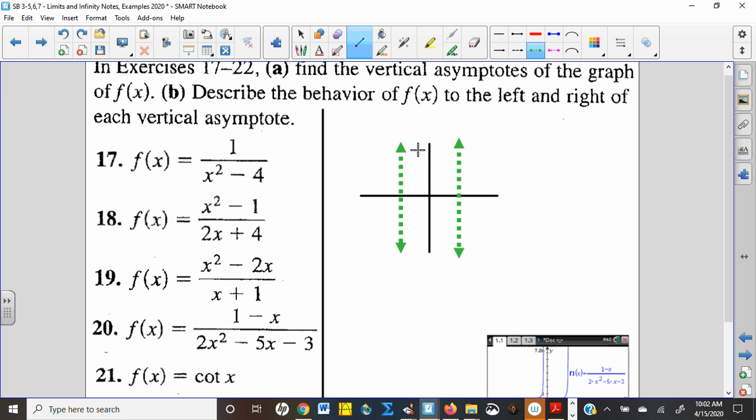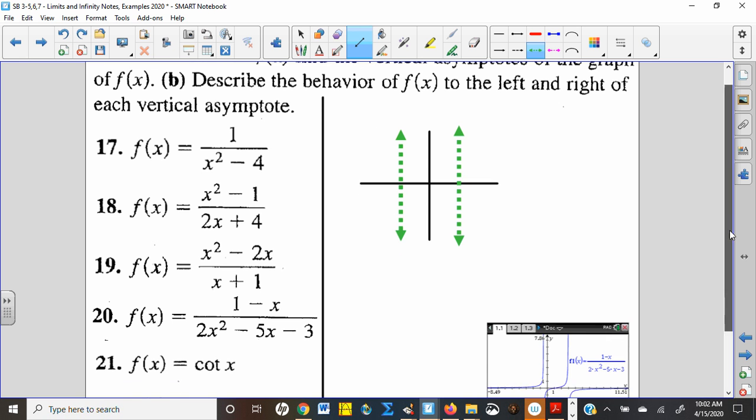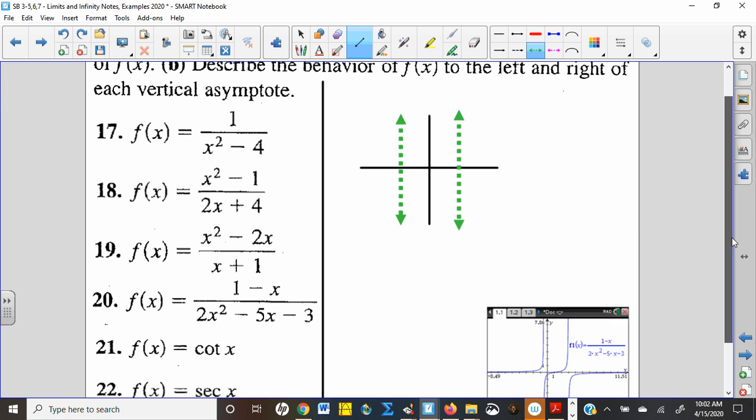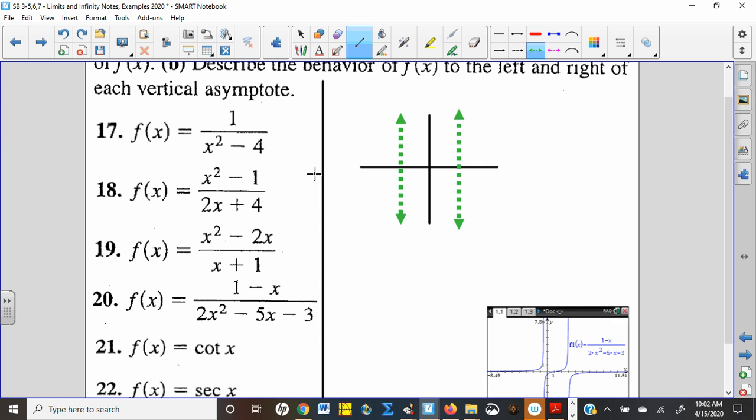Describe the behavior to the left and the right of those. That's where it would be more helpful to take a look at the graph. Now you could do the little test thing I showed you where you take a number just a little bit to the right of 2, and you could determine that the top is positive, and if I put a 2.01 in here and square it, it's going to be just a little bigger than 4, so that's going to be positive.